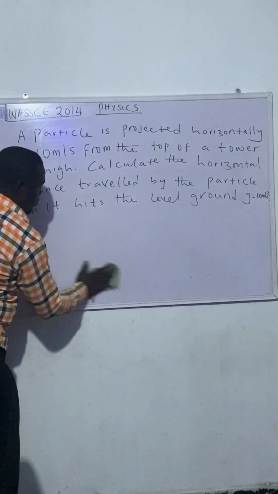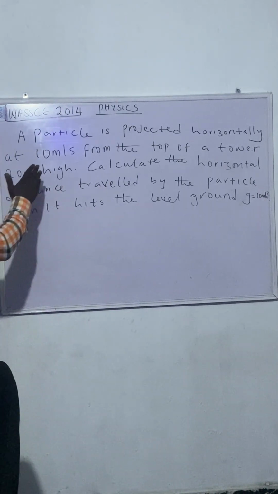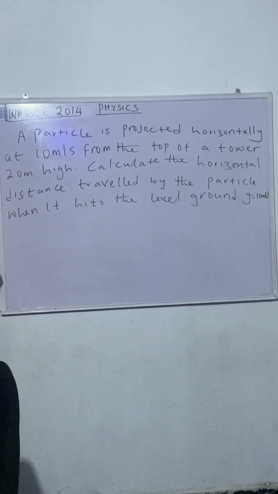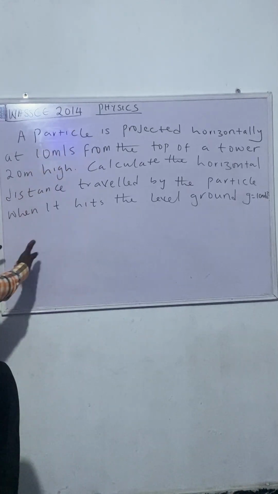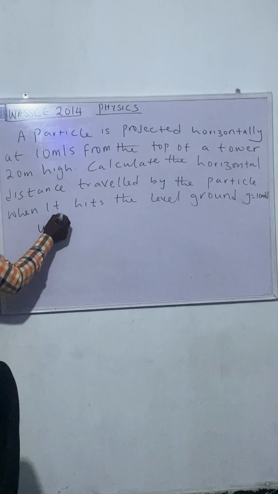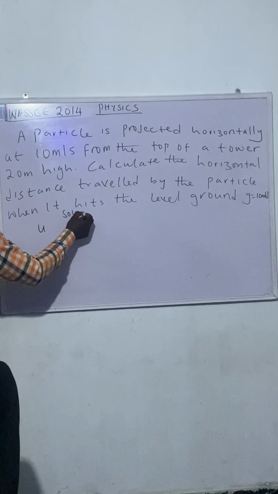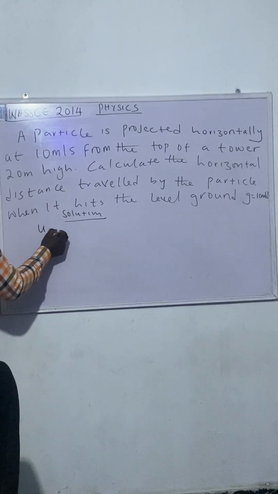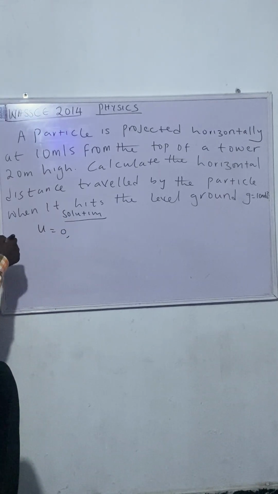Now, when a body, a particle, is projected horizontally, you have your initial velocity u equal to 0. Let me write the solution.